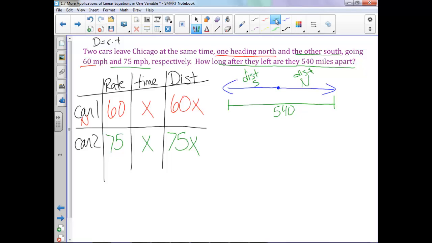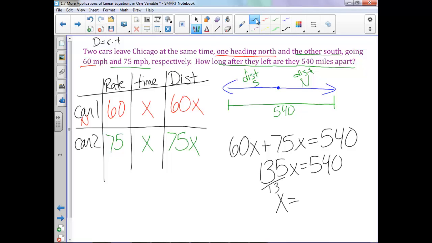So it's when those two distances together was 540 miles. So it's when together they're 540 miles apart, which means the distance the first car went plus the distance the second car went is our total distance. So remember, it's how long after they left. That's our x. So 4 hours.